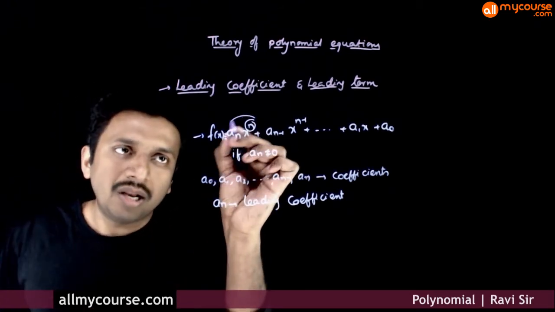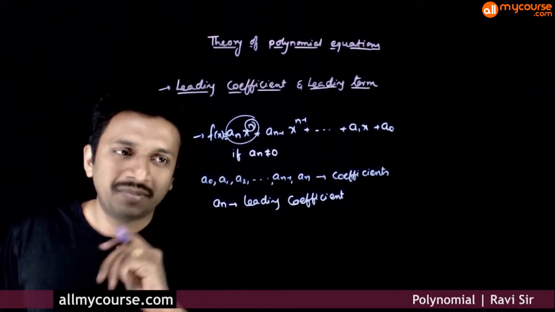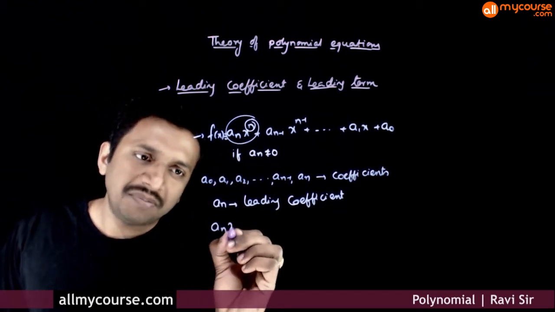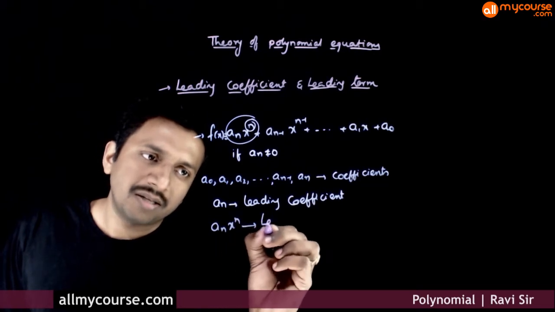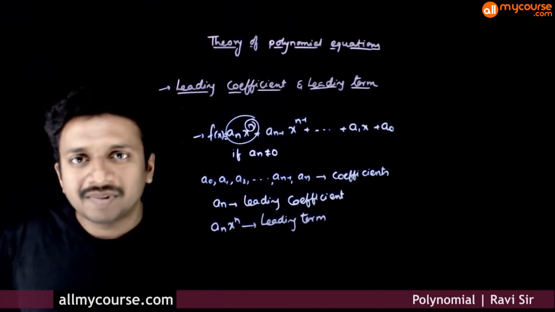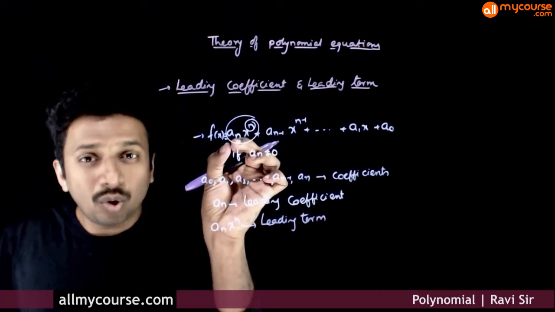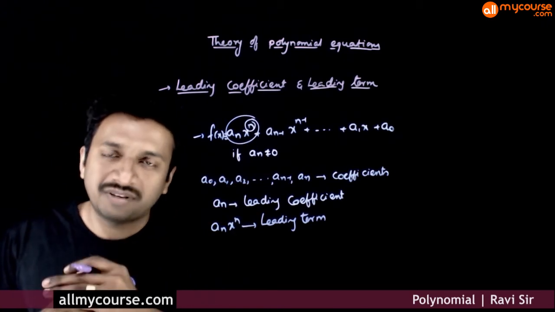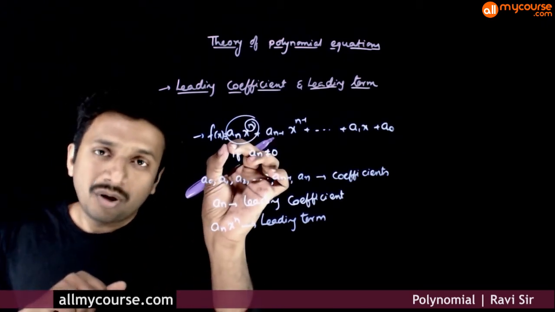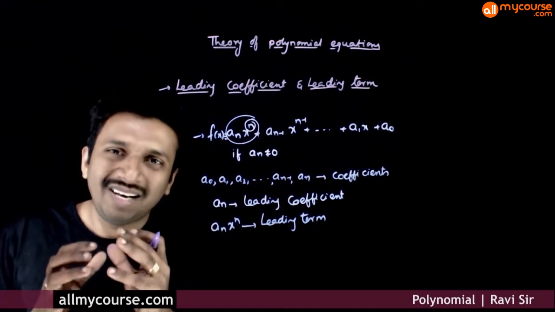And this whole an with x power n is called the leading term. So an times x power n is called the leading term. So I hope these two are clear. Leading coefficient is the coefficient corresponding to the highest power of x, and the coefficient along with the corresponding power of x is called the leading term.